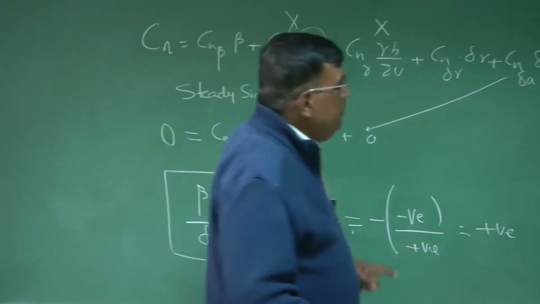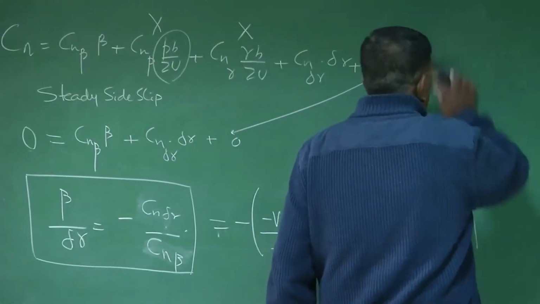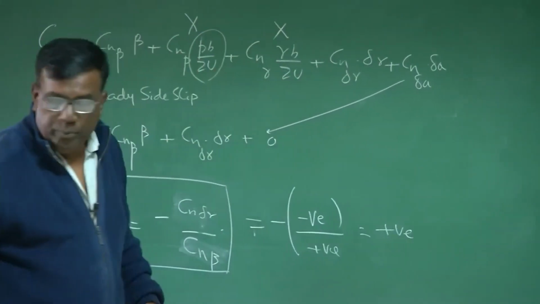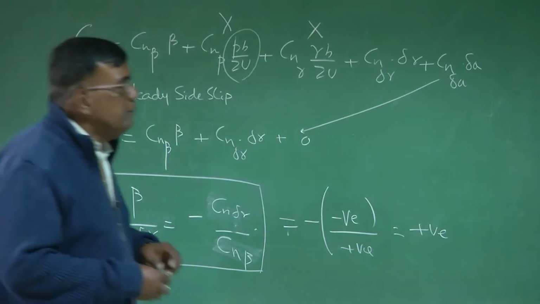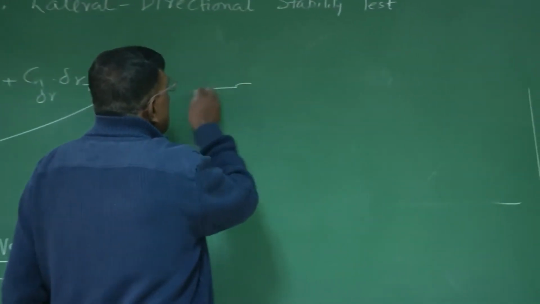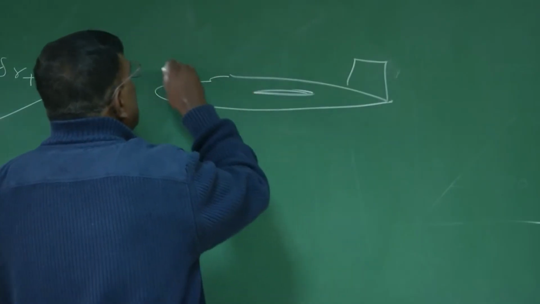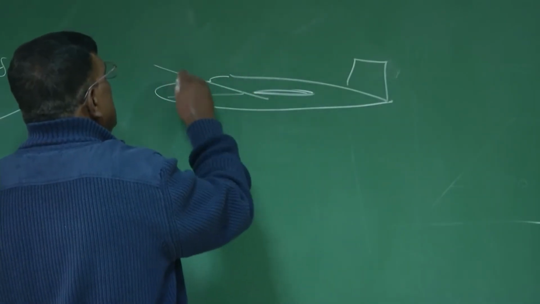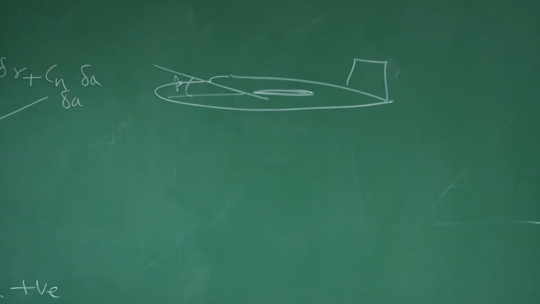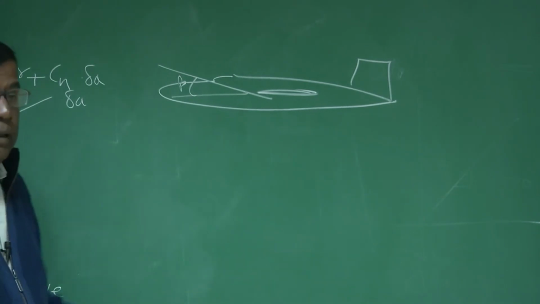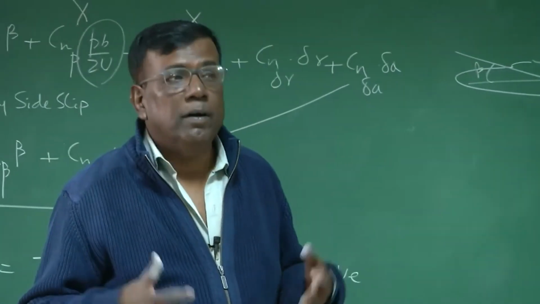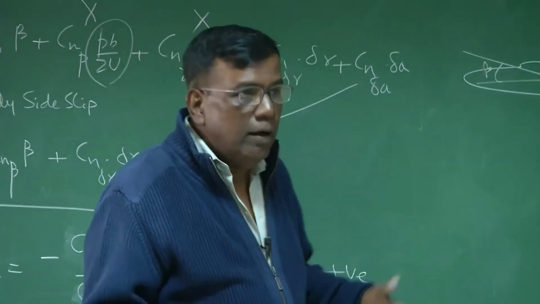This is very important when you do an experiment. What is happening? What is the equation studying? Be careful, right? Okay. This is the airplane. If there is a beta, what will this airplane do? Since this is statically stable in the directional case, for a positive beta, it will give a positive yaw moment.